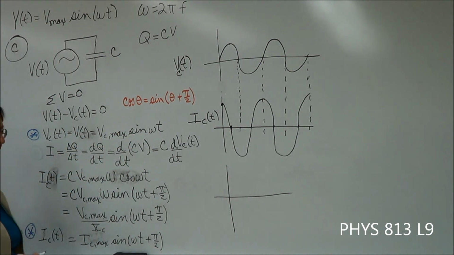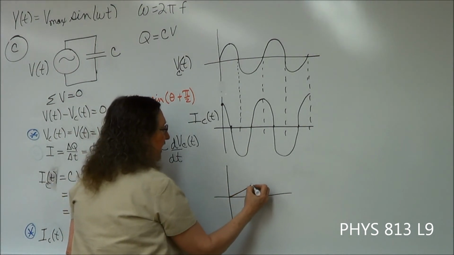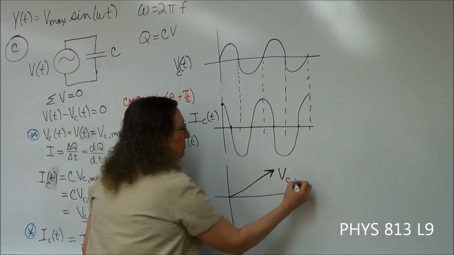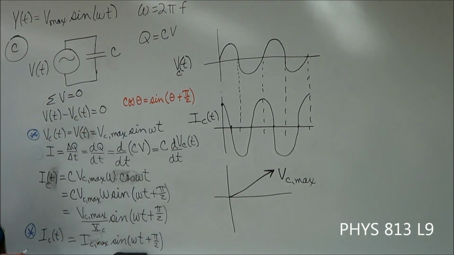Previously for the resistor, we drew our voltage vector up here, so VC max. So we're again going to draw our voltage vector in quadrant 1. Now we have to get our current vector oriented properly relative to the voltage vector.